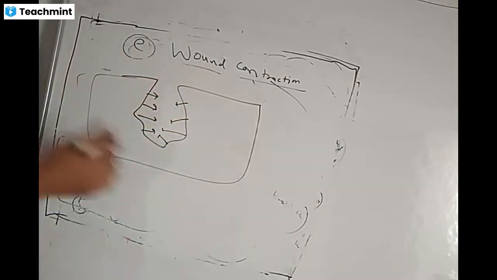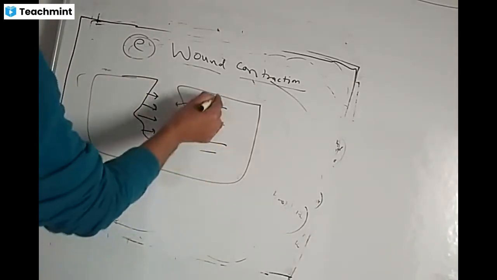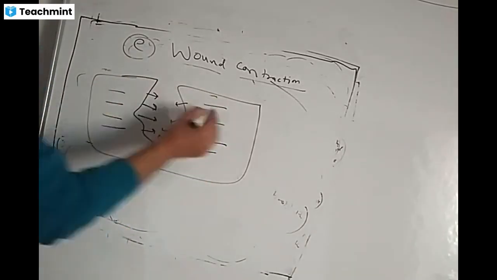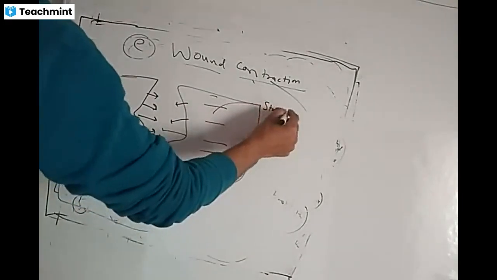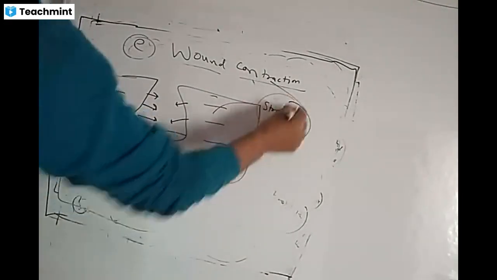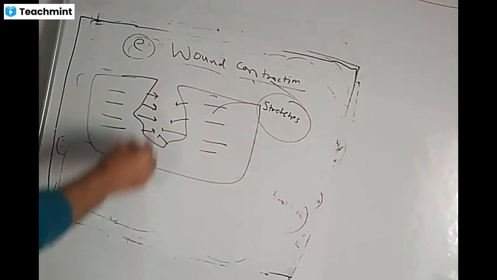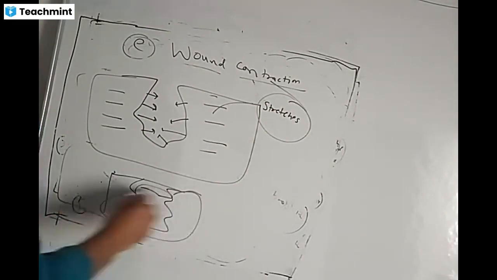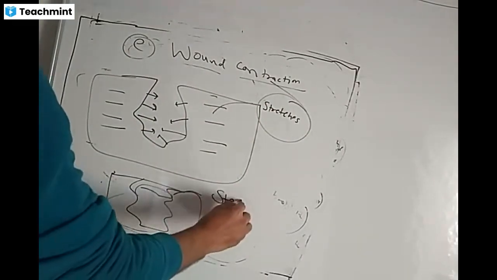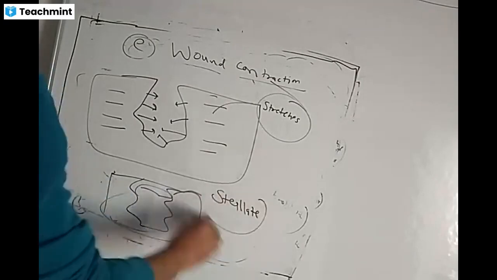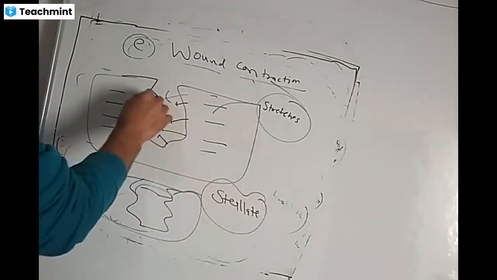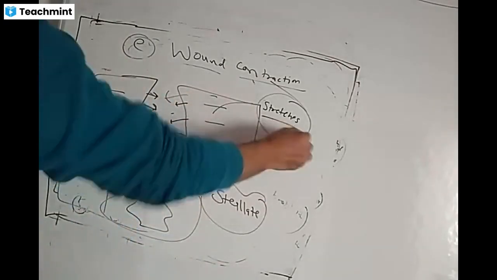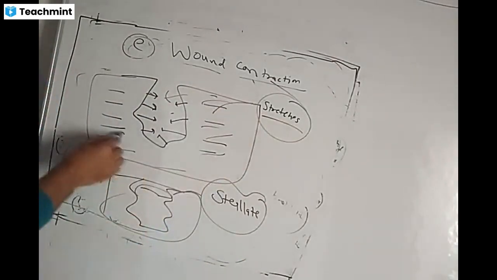It is contracting, and this surrounding skin, this area also stretches out. The end result will be, the wound will become stellate shape, star shape, because of centripetal contraction and stretching of the surrounding skin.